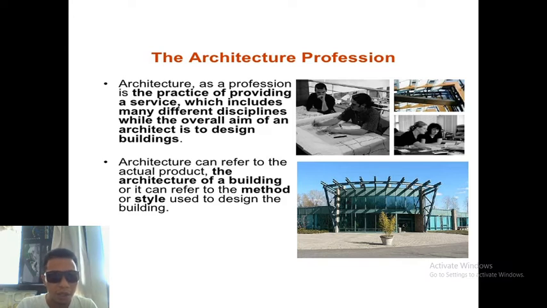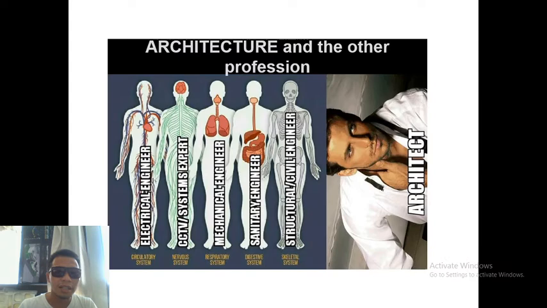But when you talk about architecture, it also refers to the method or style. So in theory of architecture later on, or even in your history of architecture, you will discover different styles of architecture.